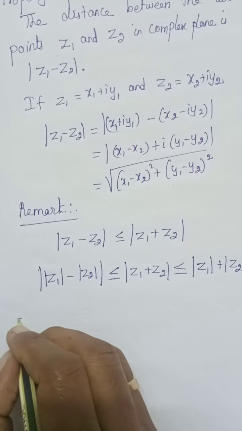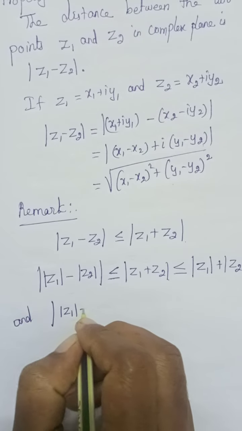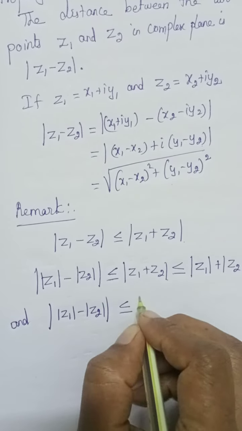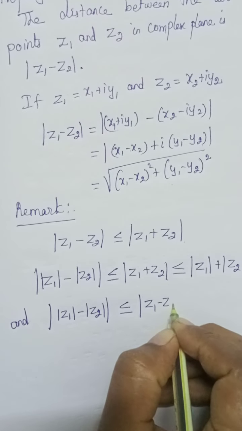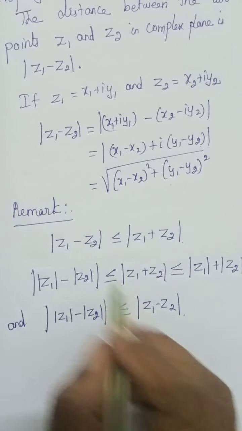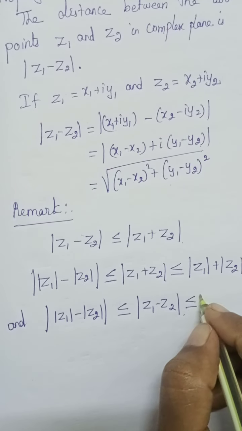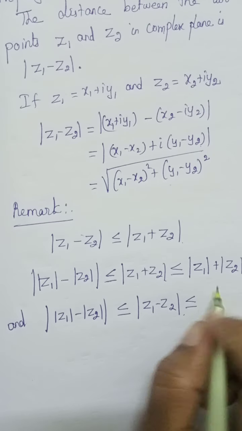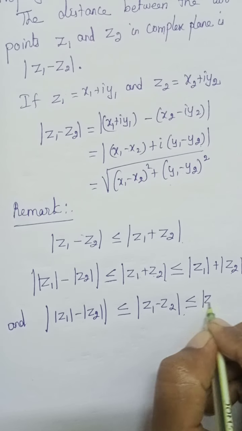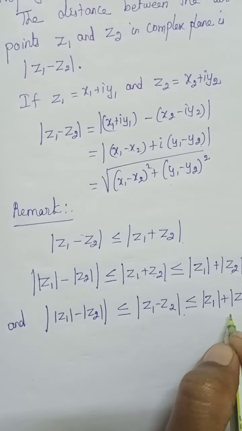Also, modulus of (modulus z1 minus modulus z2) is less than or equal to modulus z1 minus z2. As per this we can write modulus z1 minus z2 is less than or equal to this. It will come, isn't it? But that one's result is modulus z1 plus modulus z2.